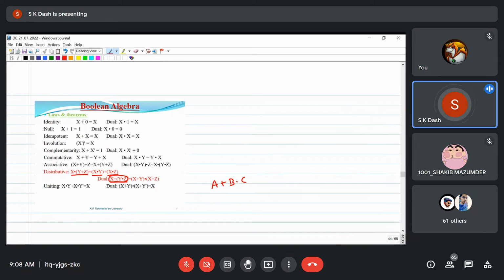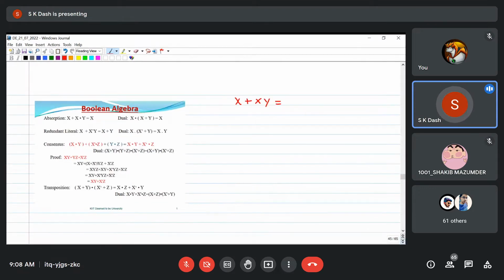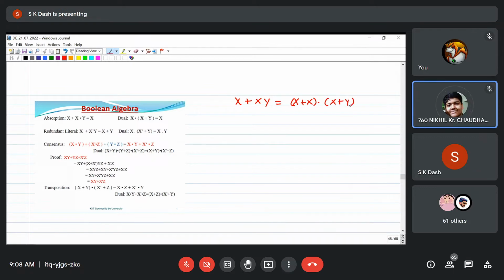So what can we write for this? a plus b dot c is (a plus b) dot (a plus c). Similarly, what we can do here is x plus x dot y, that is (x plus x) dot (x plus y).